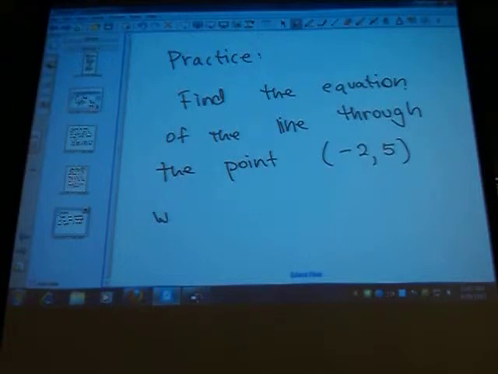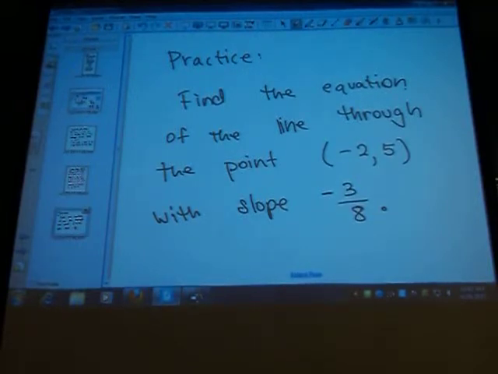5 with a slope of, let's say, -3/8. Okay, so start by plugging in the stuff you know into your point slope formula.